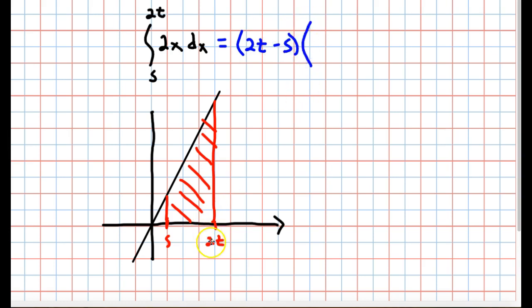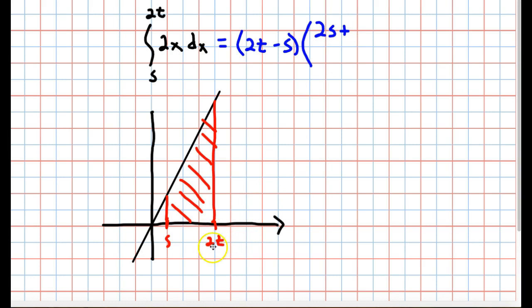Now I need the bases. Okay, the bases are these two parallel sides. So here we can't just count boxes on the graph because we arbitrarily placed this s and 2t. So what I need to think about is plugging s into my function. So if I plug s into this function, I would get 2s. So this base here is 2s.